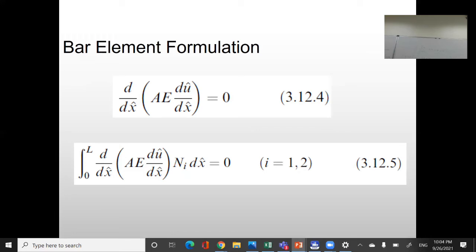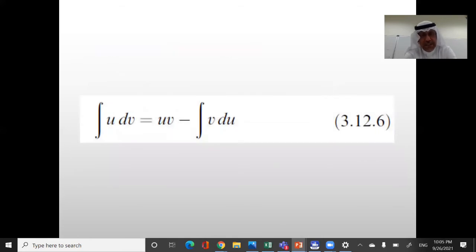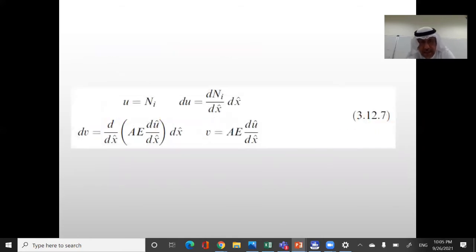So what's integration by parts? Integration of u dv equals uv minus integration of v du. You remember that? Calculus? Okay, integration by parts. If this is u, then this is du.